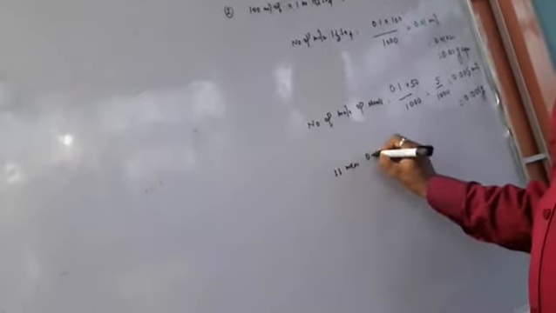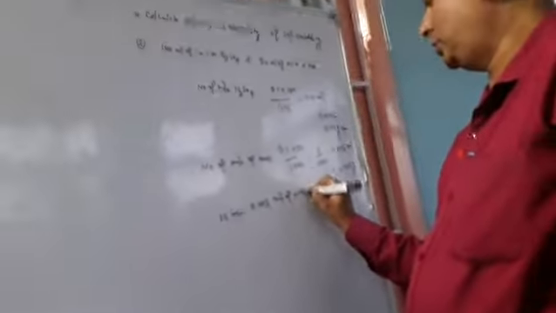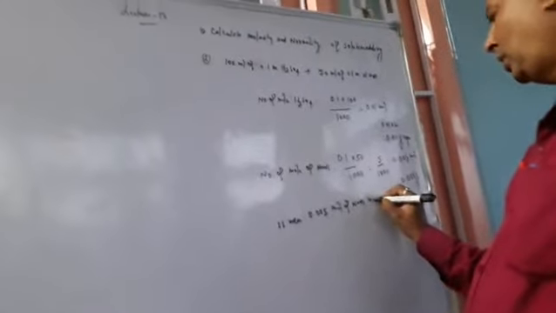Now it means 0.005 mole of NaOH neutralizes 0.005 mole of H2SO4.